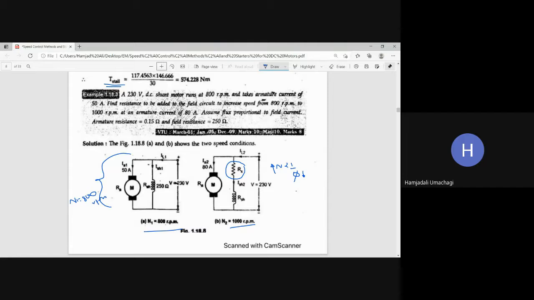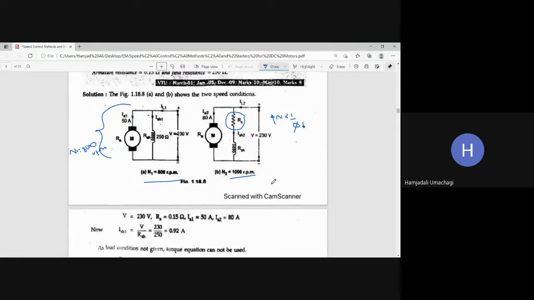For the second speed of N2 equal to 1000 RPM, the corresponding armature current is IA2, 80 amps, then IL2, ISH2, RSH, and the input voltage is the same, 230 volts. Now V is equal to 230 volts, Ra is 0.15. This is armature resistance. IA1 is 50 amps, IA2 is 80 amps.